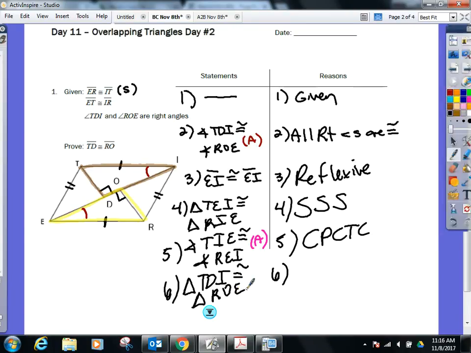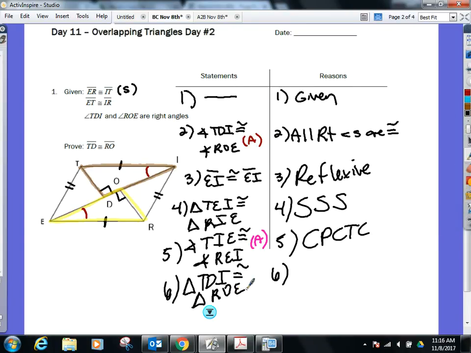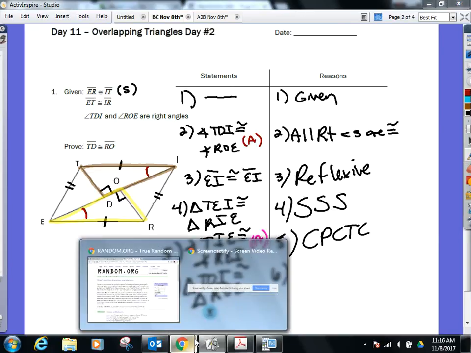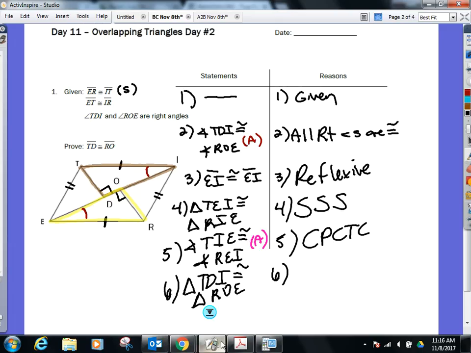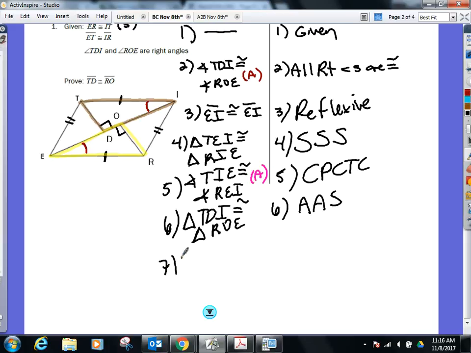ROE, thank you. Why? What method now? Everything's labeled up there for you. What's the method? Nice job. Side is not in between. And now you can say TD and RO are congruent by CPCTC.